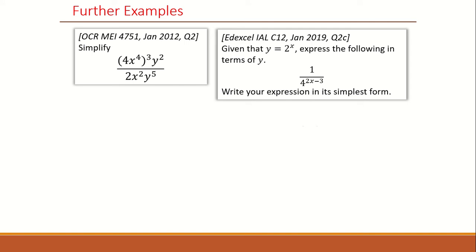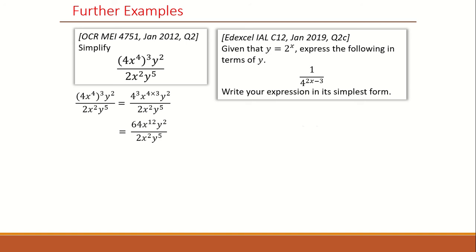For the first question, I'd expand the brackets. So 4 cubed and then x times 4 times 3 to get 64x to the power of 12 y squared over 2x squared y to the power of 5.